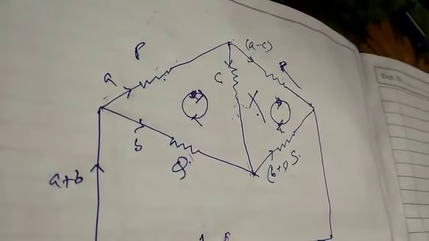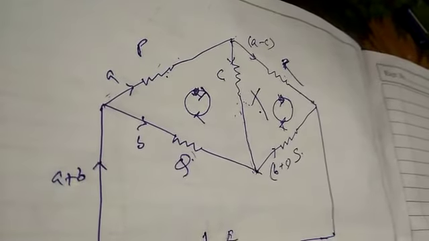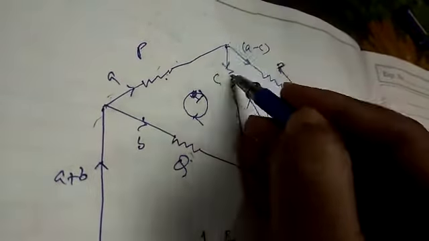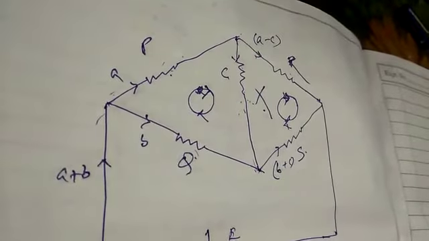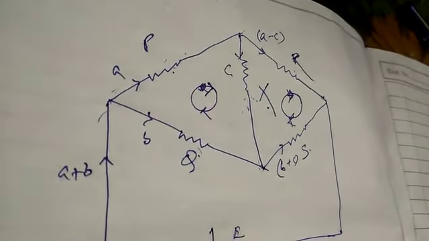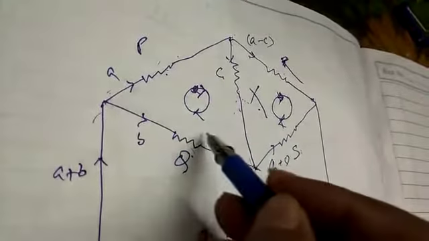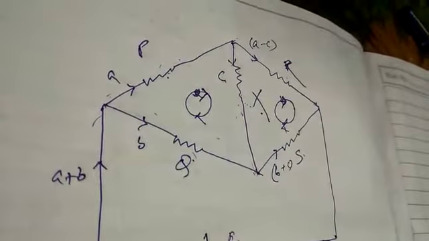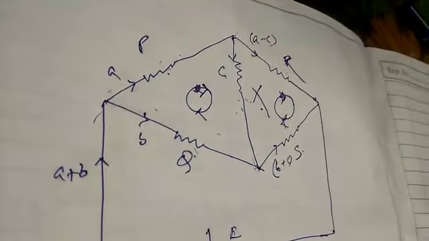So it is going to be A into P, and here it is C into X. And here current is in this direction and loop is in this direction, so it is minus B into Q is equal to 0.